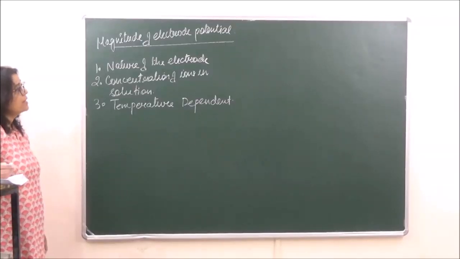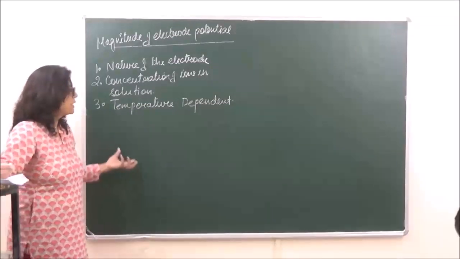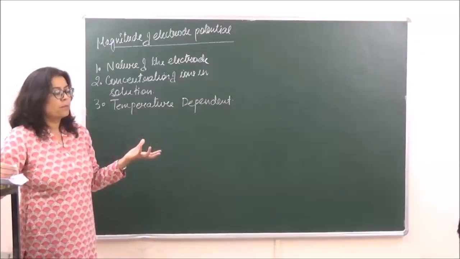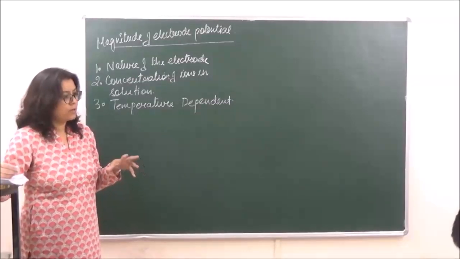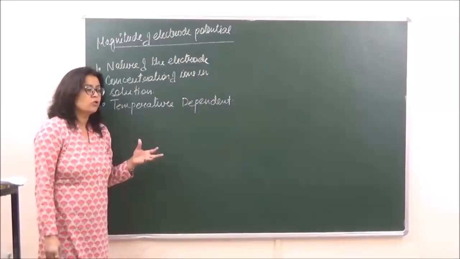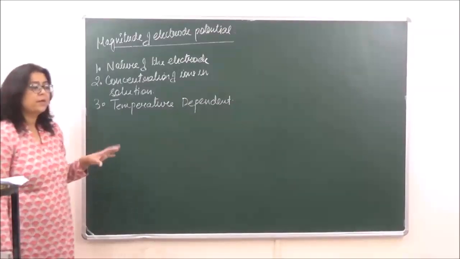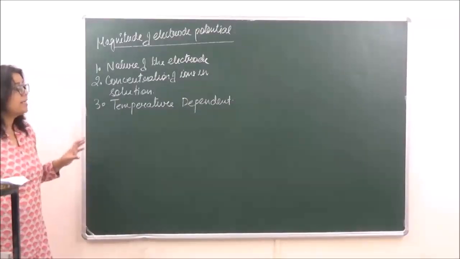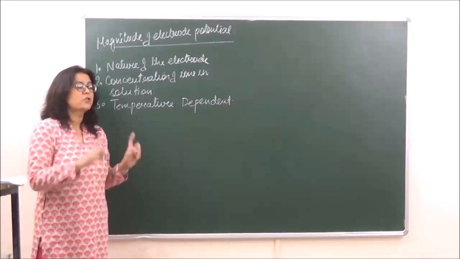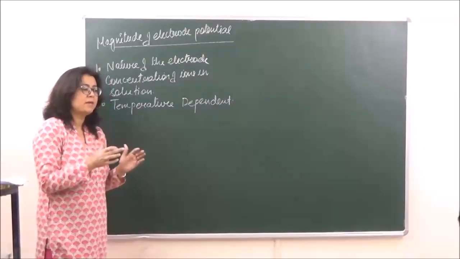Now, to calculate the electrode potential of various metals, like you saw, in zinc sulfate we put a zinc metal rod, and in copper sulfate we put a copper metal rod. By just taking one single electrode and one single solution, we cannot measure the electrode potential of that particular metal. For that we need a couple. Singly we cannot calculate, so we need 2 half cells operating simultaneously.